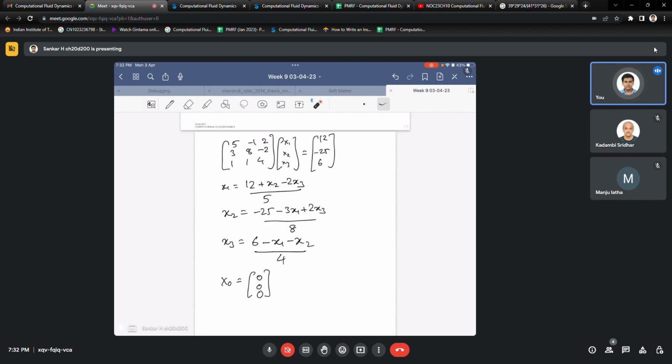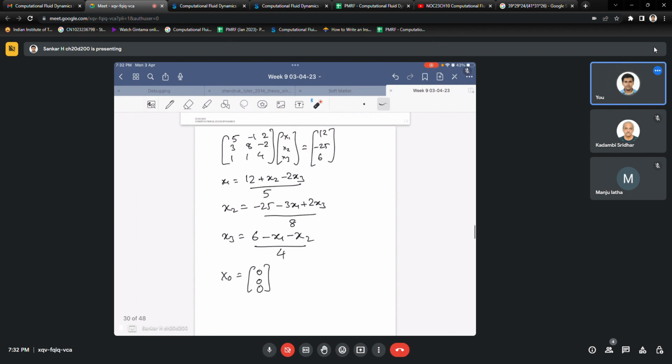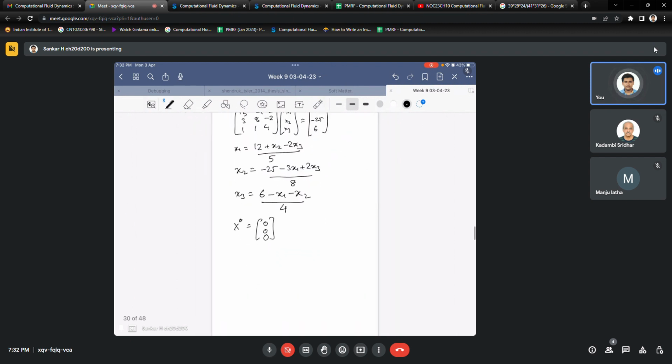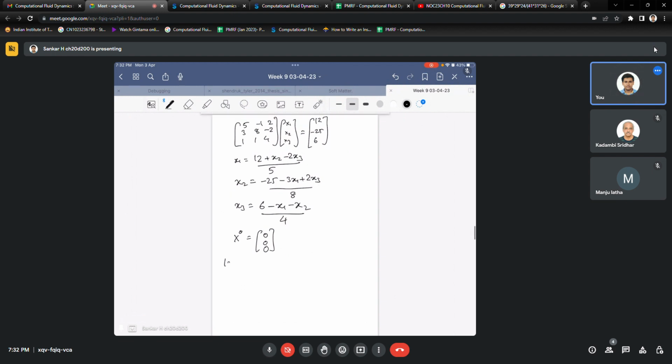Then with the help of that particular value of x1, x2, x3, we find the next iteration. So we know the x values at the 0th iteration. Let's find out the values at the first iteration. So x1 should be 12 plus 0 plus 0 by 5, which is equal to 2.4.